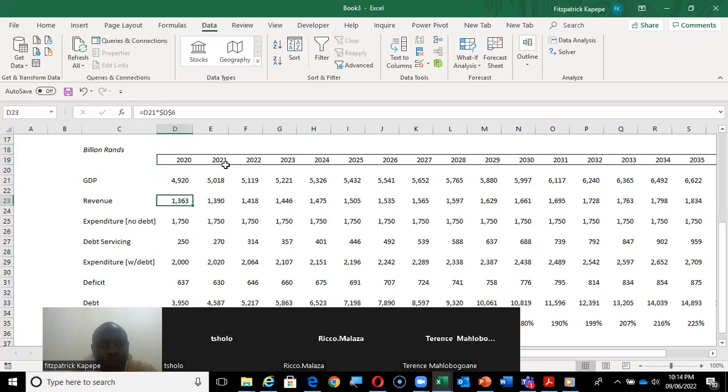On revenue? Yeah, the first value. Oh no, I was looking at the wrong place. Fine. Yeah, just check, so that we see where maybe there was one assumption that was missed.